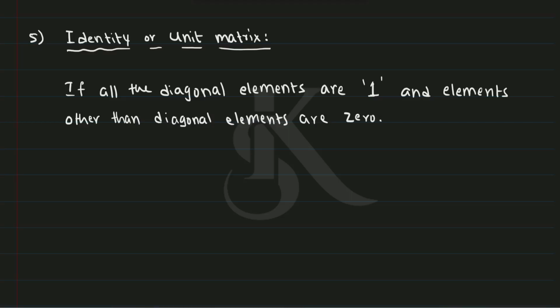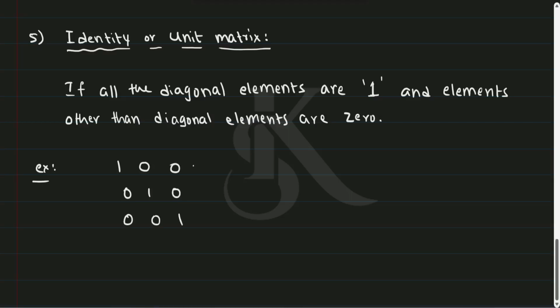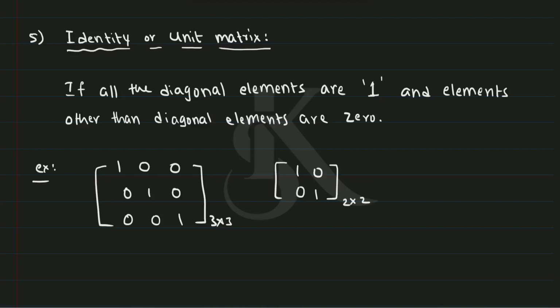Example: 1 0 0, 0 1 0, 0 0 1. It is a 3 by 3 matrix. 1 0, 0 1 is a 2 by 2 matrix. It happens only on square matrices. Just remember all those things. Take a screenshot.